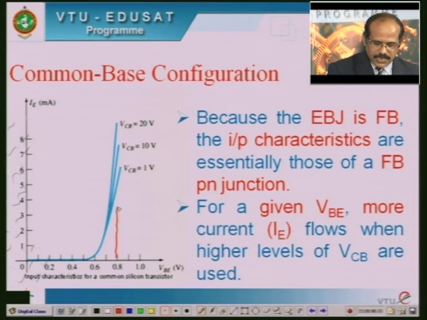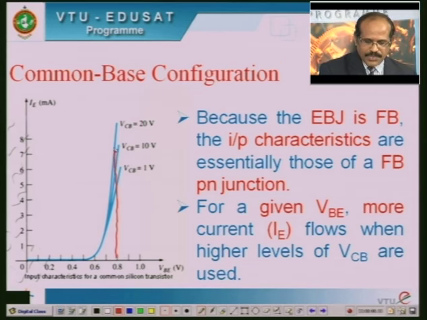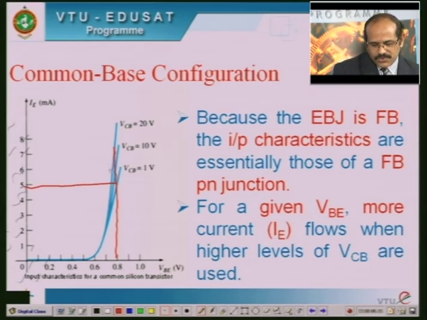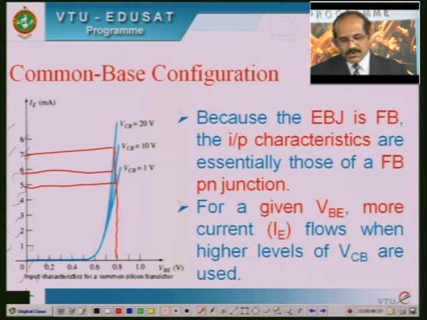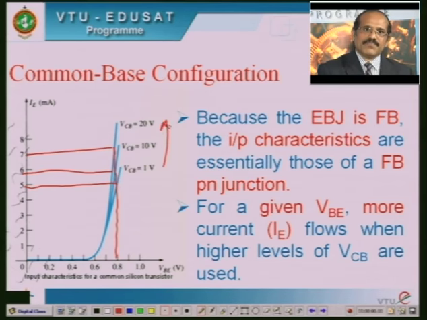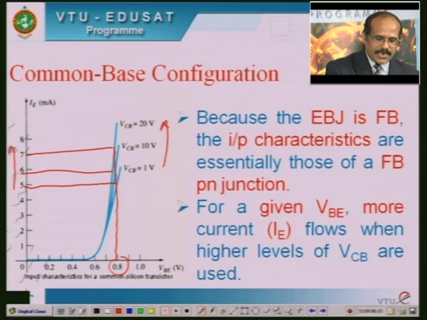Let us assume the given VBE is 0.8 volts, and if you draw the corresponding emitter current, you can observe that for a given VBE, more current IE flows when higher levels of VCB are used. So whenever VCB increases from 1 volt to 20 volts, for a given fixed value of VBE, the emitter current correspondingly increases.